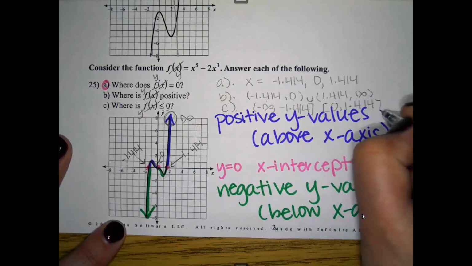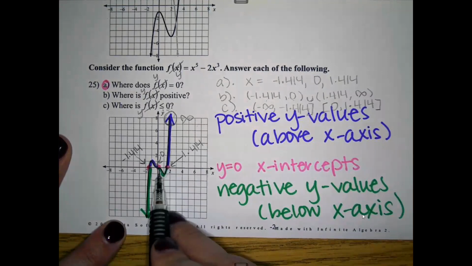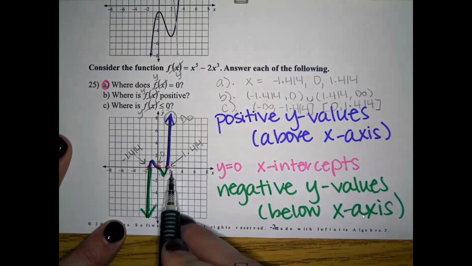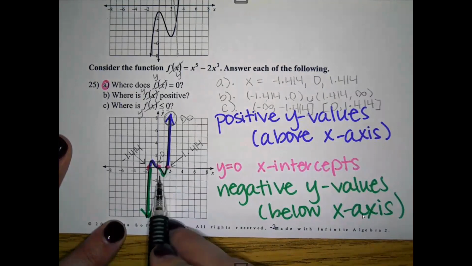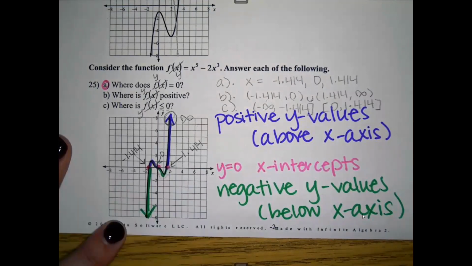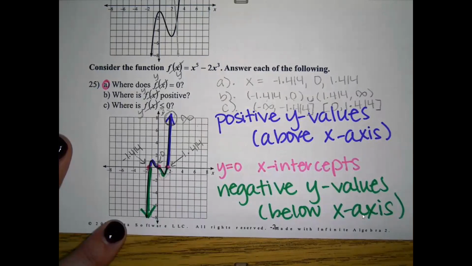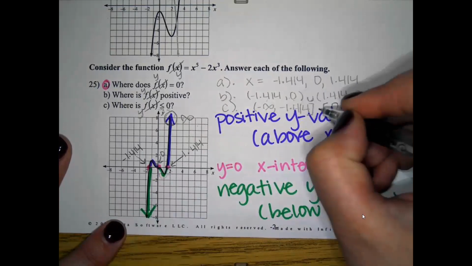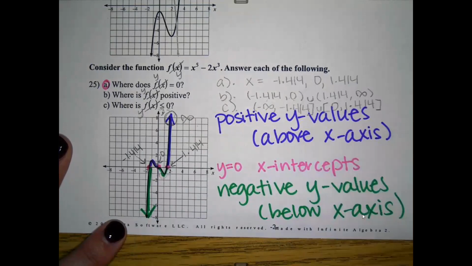So they're both brackets because they both have outputs of 0, and so they both have the equal to 0 part. Okay. There is a U between them. Good. I almost forgot that.